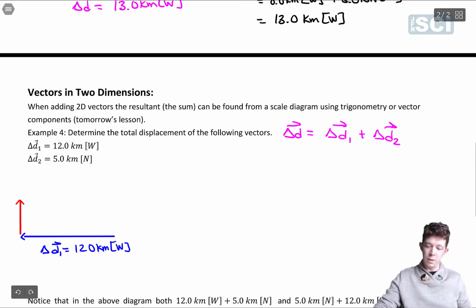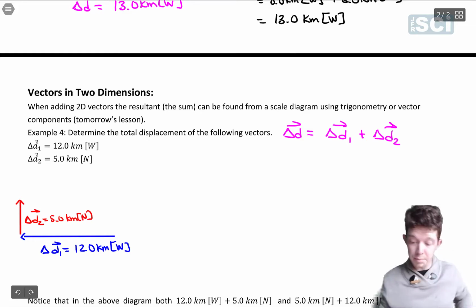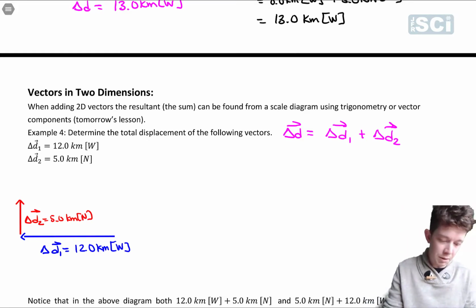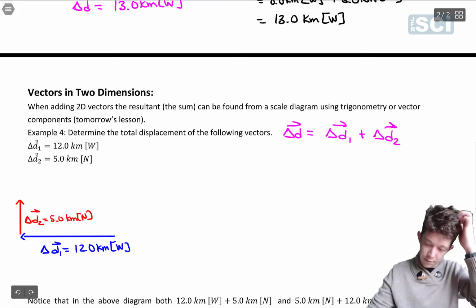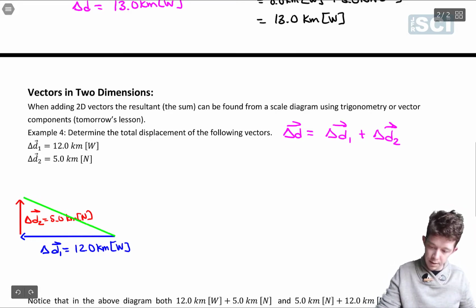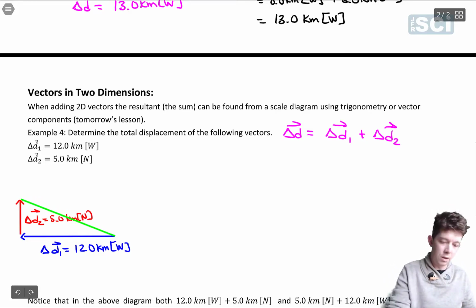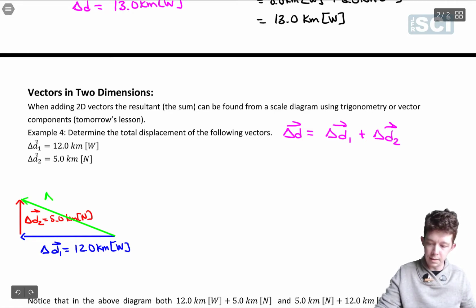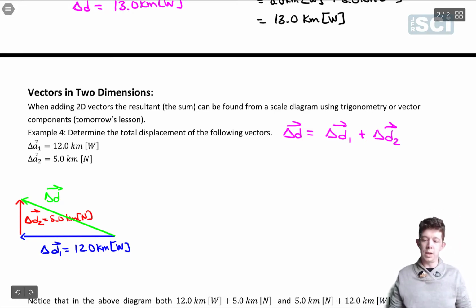So I'm going to call this one delta D2, and it's 5.0 kilometers north. So my total displacement will be from the very beginning to the very end. So if I draw from the very beginning to the very end, the green vector here will be delta D. That's what I'm looking for.